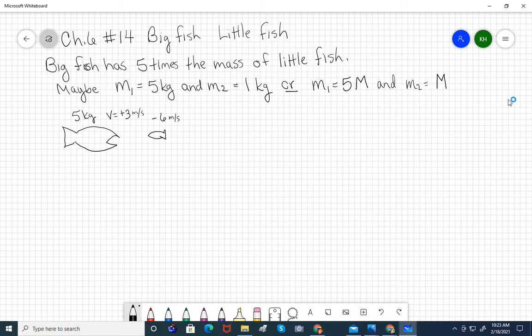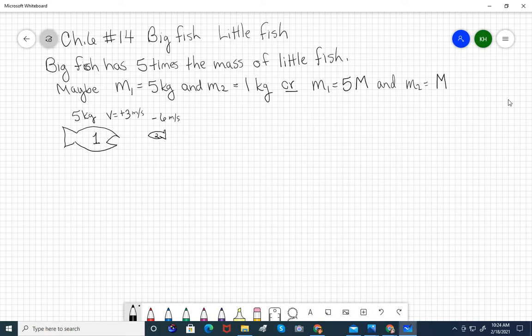I'm going to call the big fish 1 and the little fish 2, just to help you keep them straight. Or I don't even need to do that. I can just say the big fish has a mass of 5m and the little fish has a mass of m. Either way, the big fish has 5 times the mass of the little fish. You might prefer the numbers, so let's do it with the numbers.